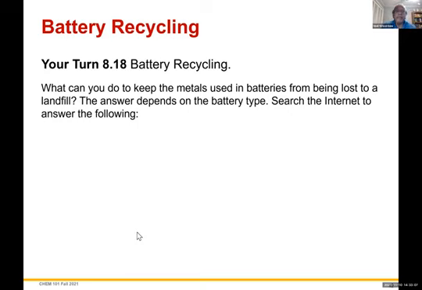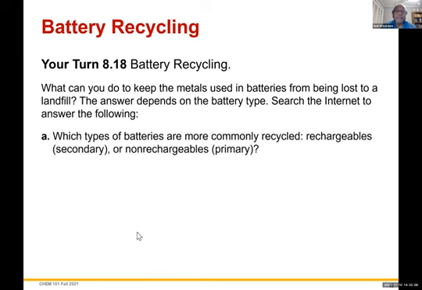Some batteries contain expensive metals. Which types of batteries are commonly recycled? Rechargeable, secondary, or non-rechargeable? Rechargeable is the most commonly recycled battery.